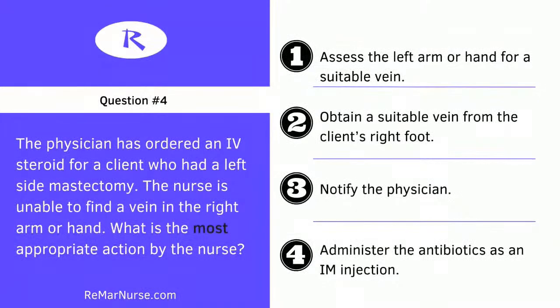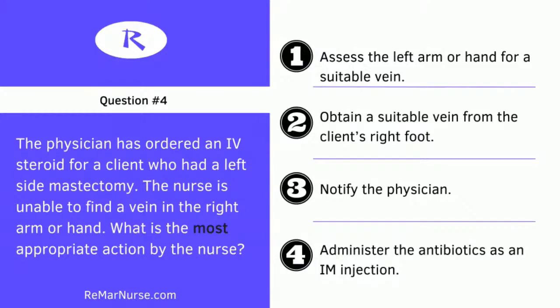Is it number 1, assess the left arm or hand for a suitable vein? 2, obtain a suitable vein from the client's right foot. 3, notify the physician. 4, administer the antibiotics as an IM injection.